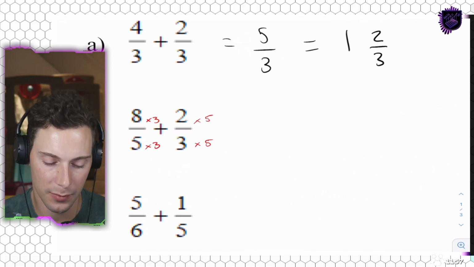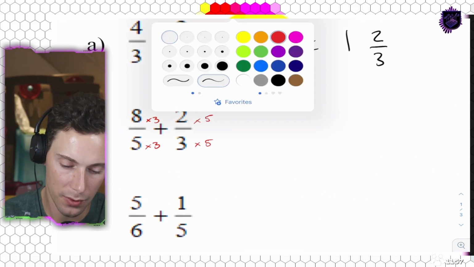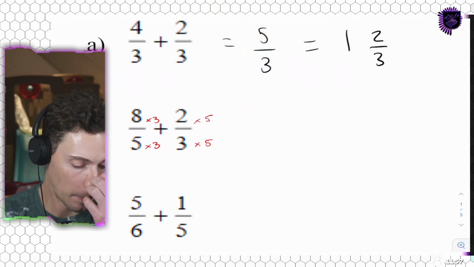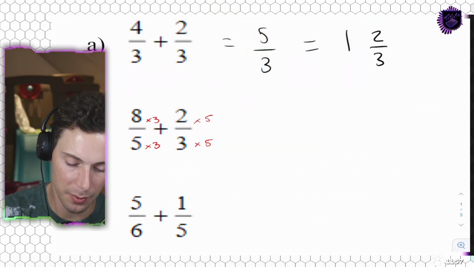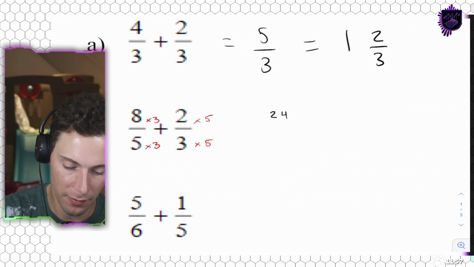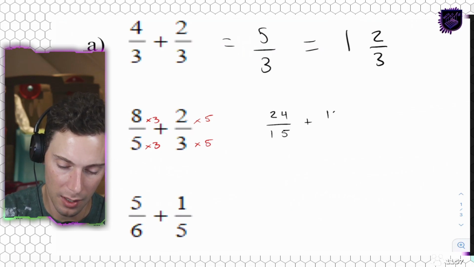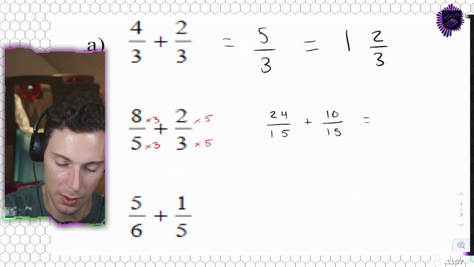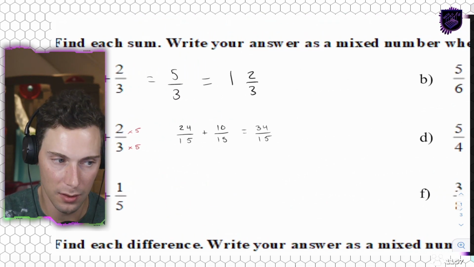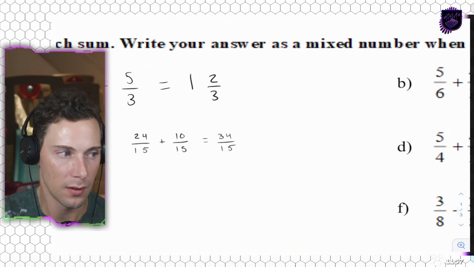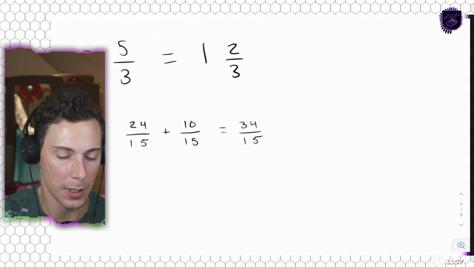All right. So let's go to write this out. 8 times 3 is going to be 24/15 plus 10/15 is going to be equal to 34/15. Now we need to write this in a mixed fraction.